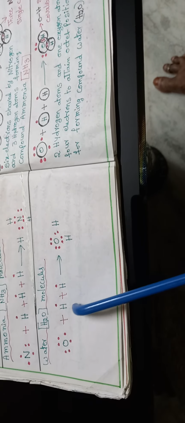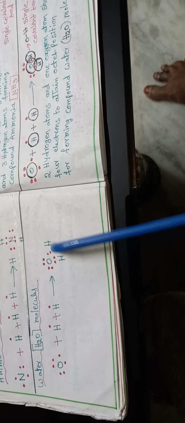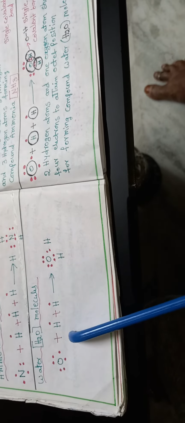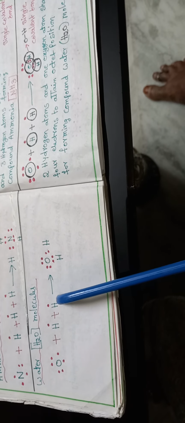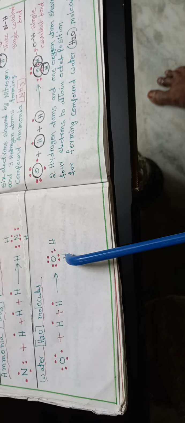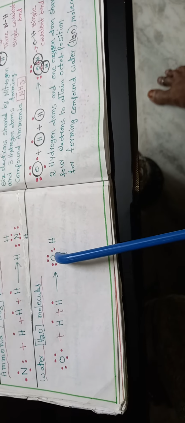Hydrogen atoms are 2, seen here, and each hydrogen has 1 valence electron. So around the oxygen 2 hydrogen atoms are there, and oxygen valence electrons 2 and hydrogen atoms' electrons 2 come between the oxygen and hydrogen and share these 4 electrons by oxygen and hydrogens.